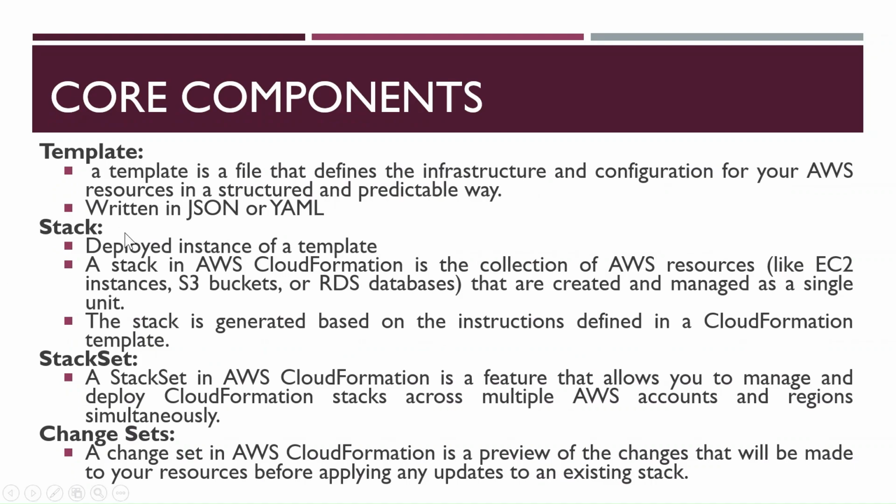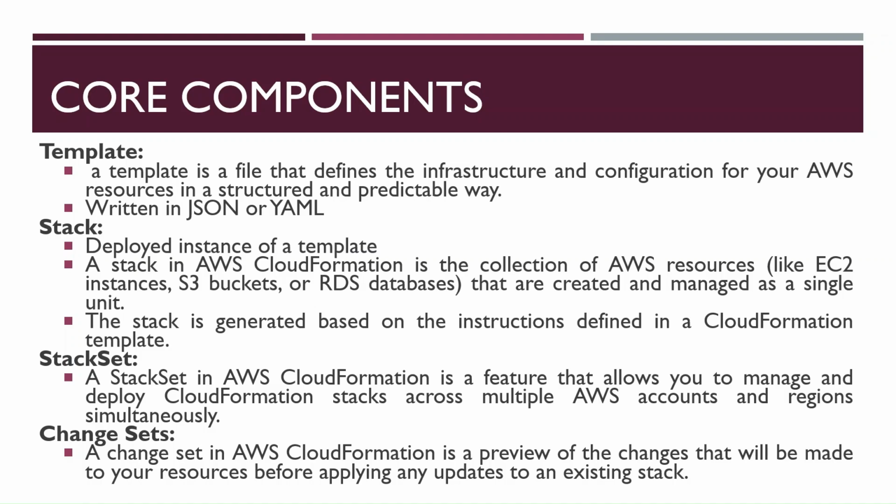And the second thing is stack, a deployed instance of a template. The stack in AWS CloudFormation is a collection of AWS resources like EC2 instances, S3 buckets, or databases that are created and managed as a single unit.